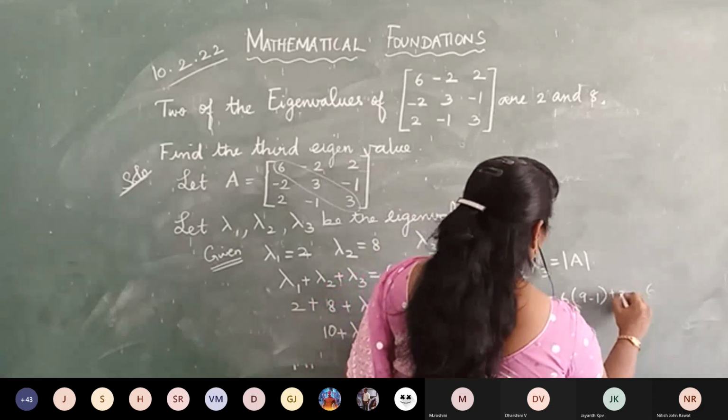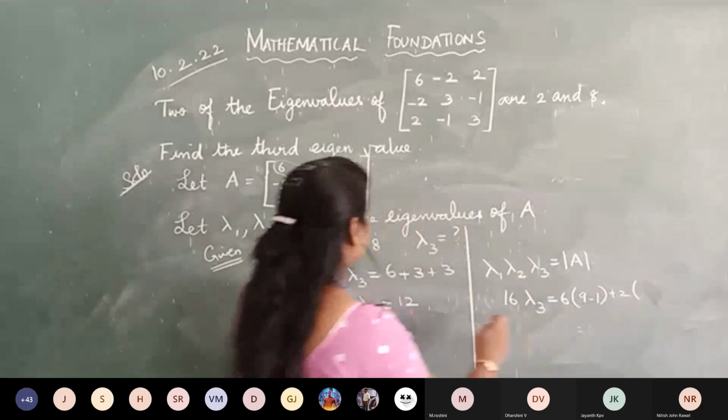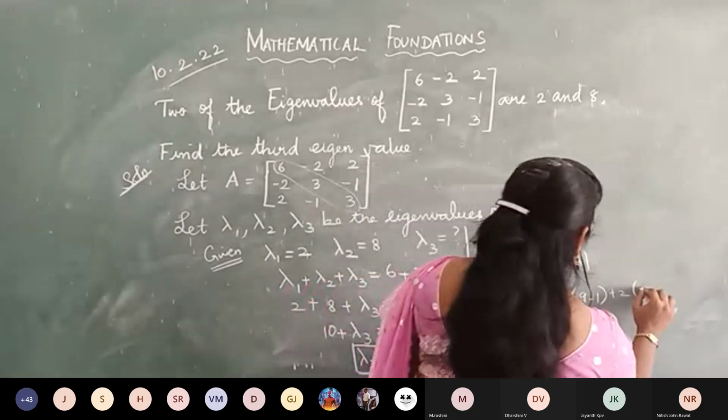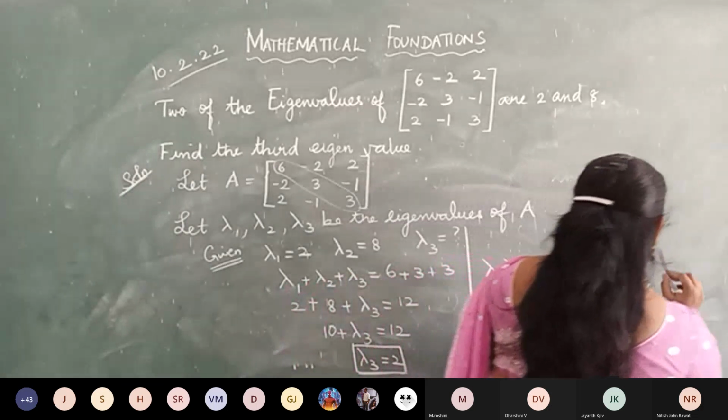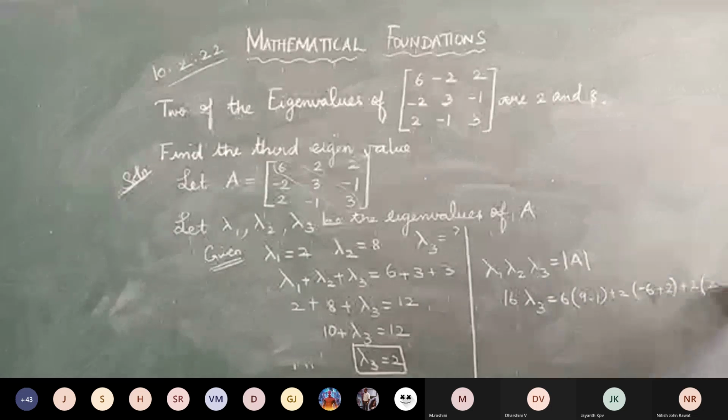Minus into minus plus 2. Plus 2 into, you have minus 6. Taking plus 2 into minus 6 plus 2, plus 2 into graph 2 minus 6.